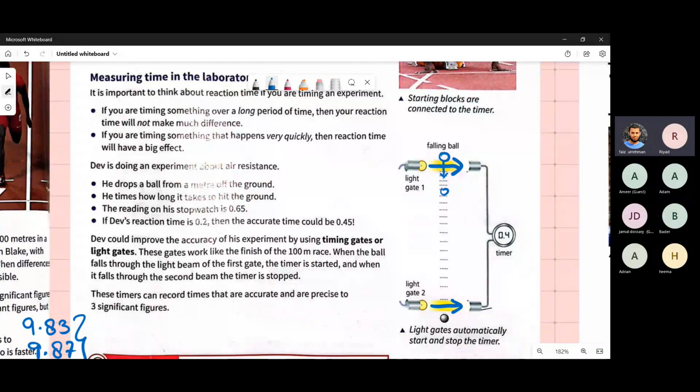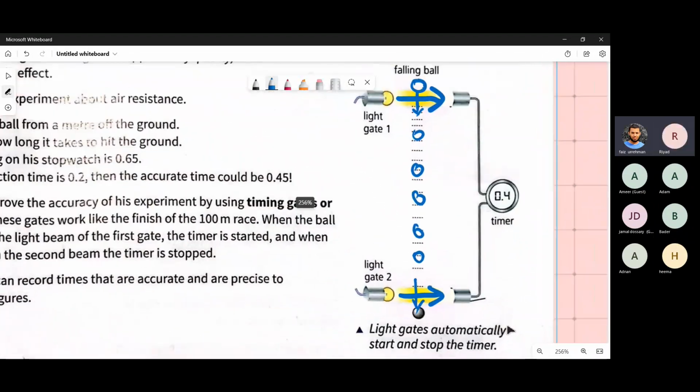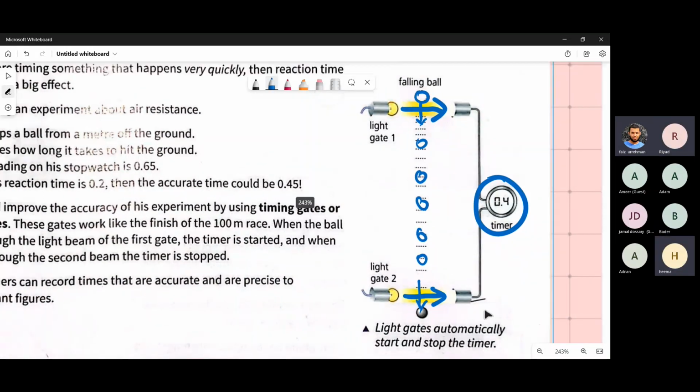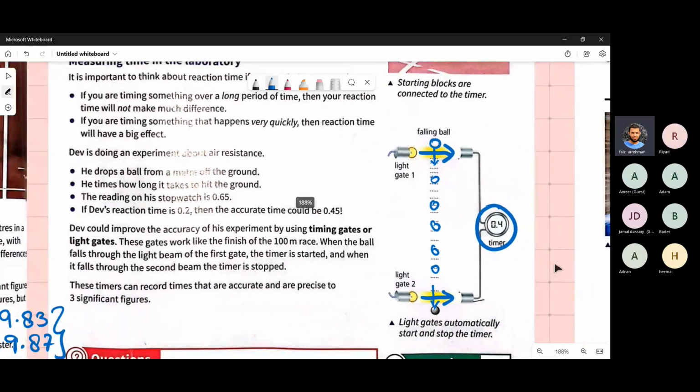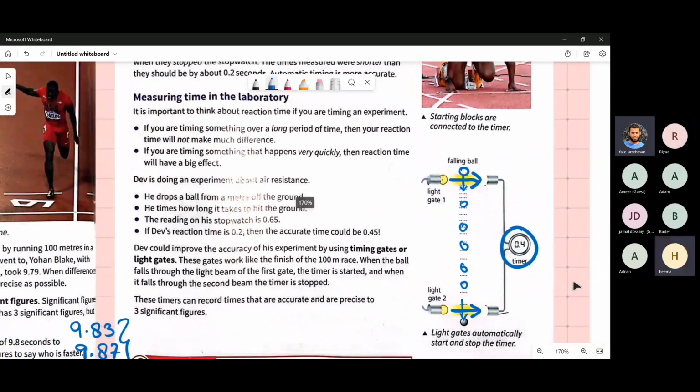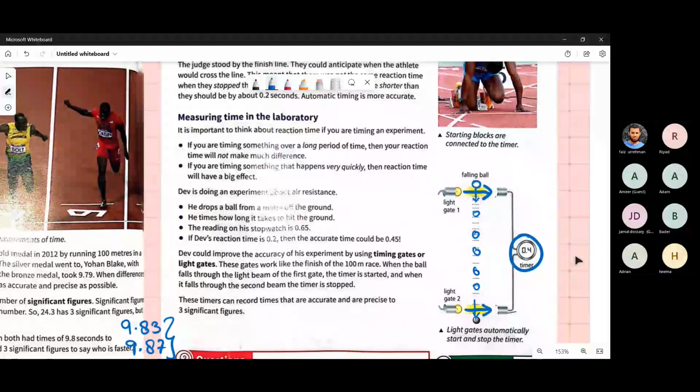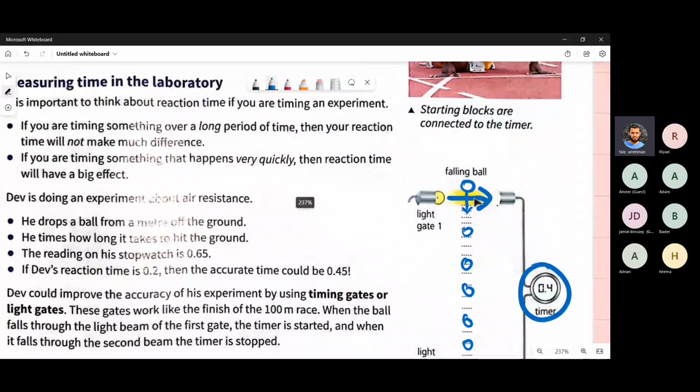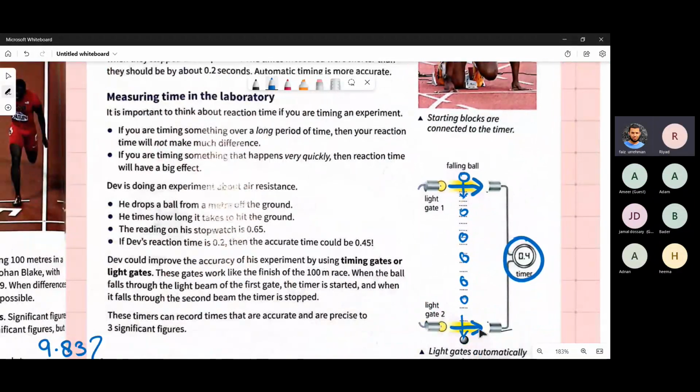The ball is coming here, and once it passes through this second light gate, the time is recorded for the interval. How much time it took. So this is far more precise and accurate than the human time calculation by the judge or by someone else, the timekeeper, because there is no reaction time. It's automatically starting here and automatically ending here.